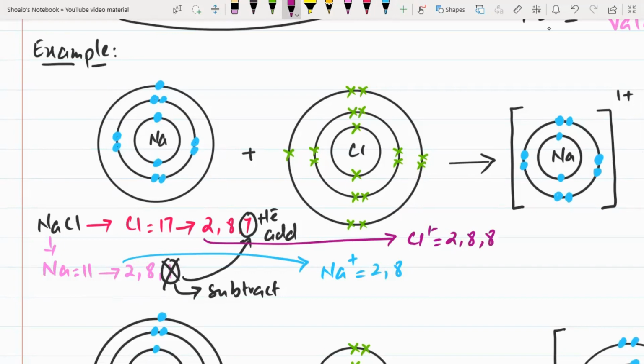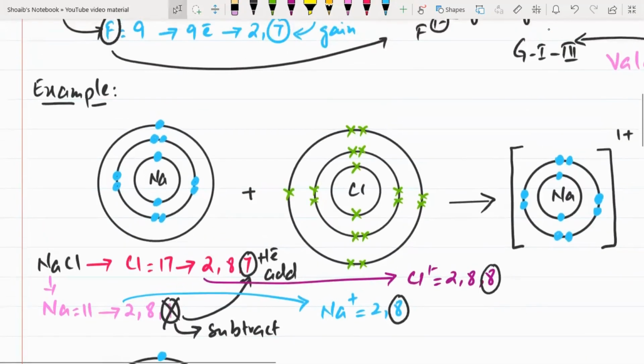The chlorine becomes Cl-, with one negative charge, and its electronic configuration is 2, 8, 8. By the loss of an electron, the sodium octet is complete, and by the gain of an electron, the chlorine octet is complete.